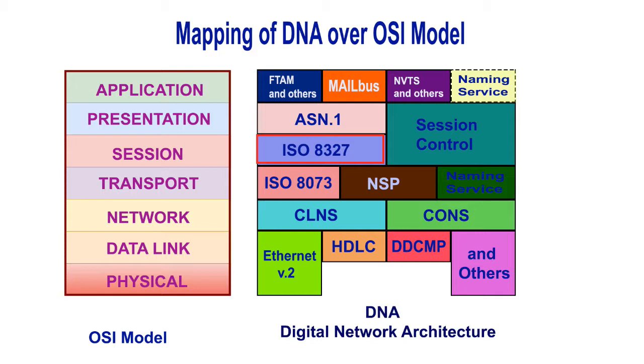ISO 8327, Session Protocol Specification, which implements the service definition found in ISO 8326, a session service definition. ISO 8327 provides negotiated connection establishment and release as well as half duplex data transfer.